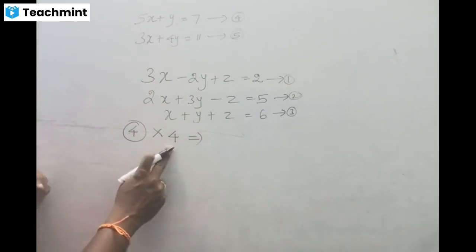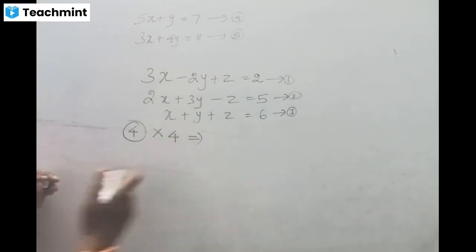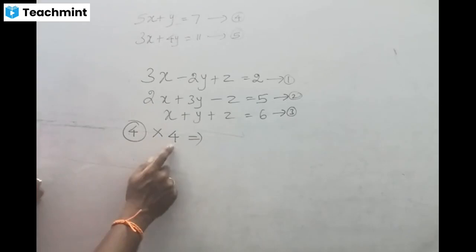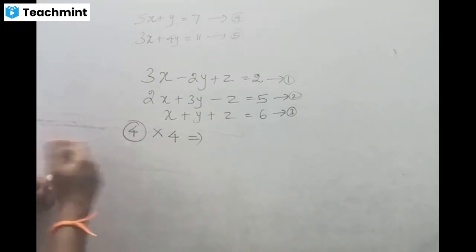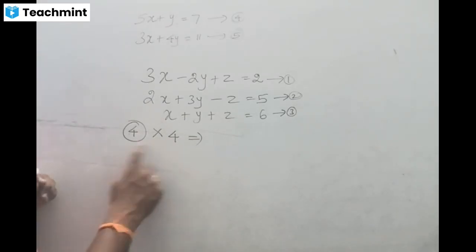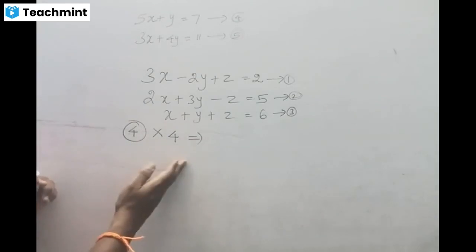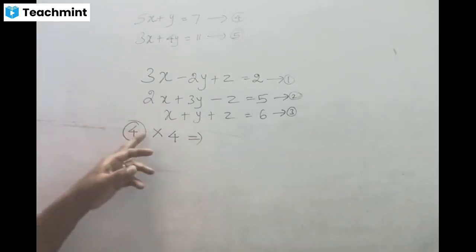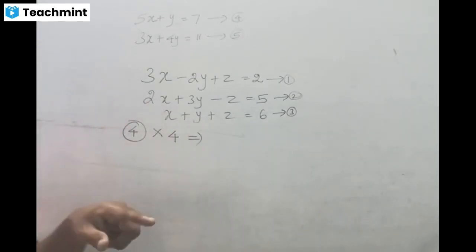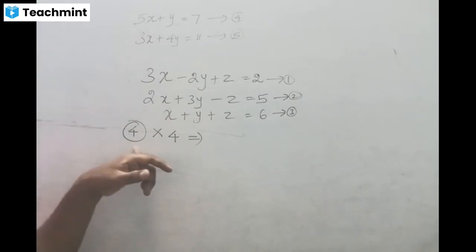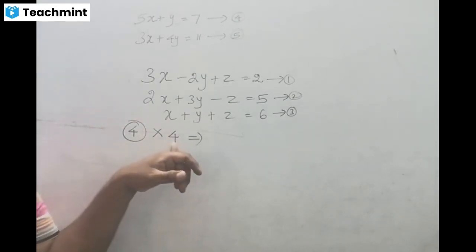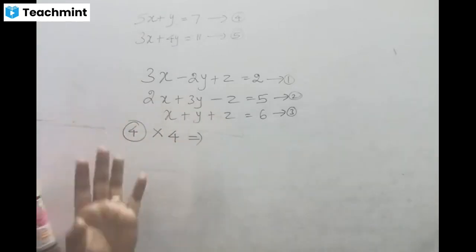If the number comes without a circle, then it is considered a number. This is equation 4. This is number 4. Please understand the difference between these two because both are 4. That's why I explained it clearly. If the number comes within the circle, it is treated as an equation. If the number comes without a circle, it is considered a normal number.